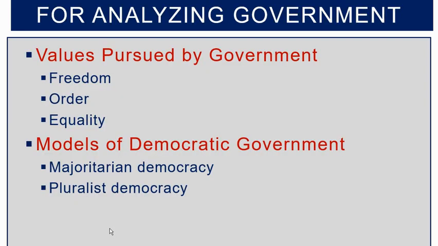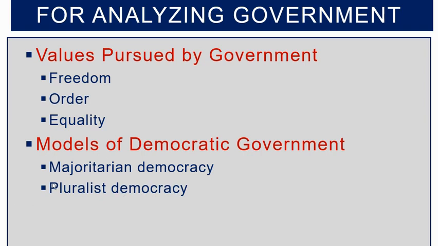Now, we want to look at what's called a conceptual framework for analyzing government. The objective for this is to describe how political scientists use concepts to structure events and promote understanding. I'm going to let you look at that and read about that, but basically it's talking about majoritarian democracy and pluralist democracy and all of that.